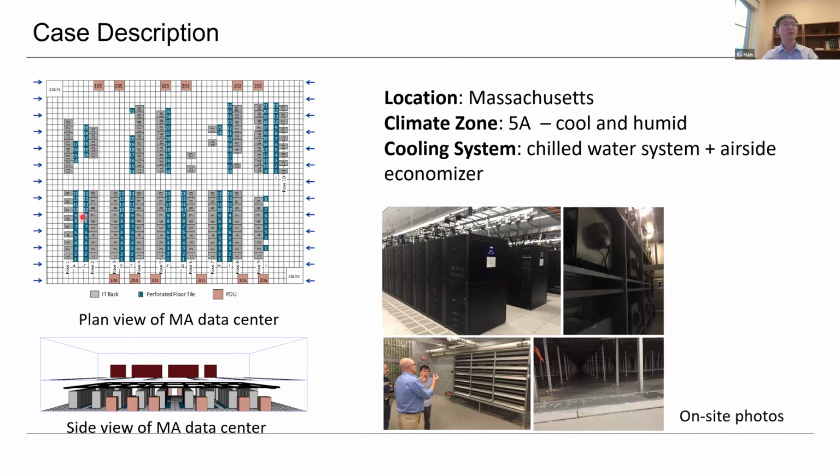Here, this is the cold aisle. They supply the chilled air from the cold aisle and then exhaust the hot air into this hot aisle. Okay. And then it eventually goes back to the ceiling plenum and then back to the air handling unit. Okay. And these are some pictures of the data center, and we had some on-site visits.